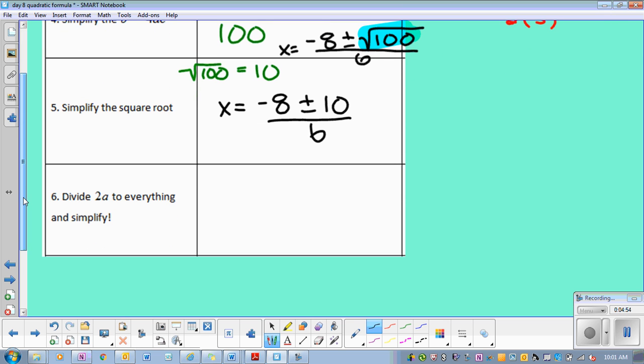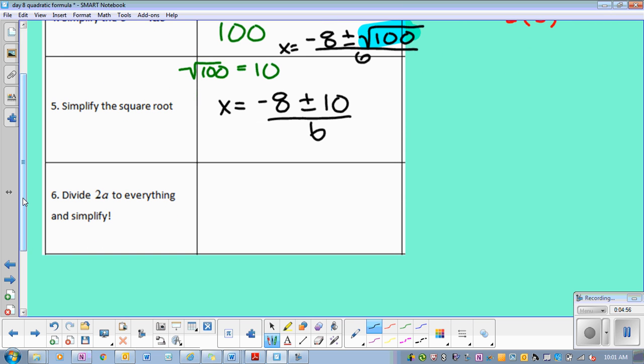Right? All right, so now step 6 says divide 2a to everything and simplify. The reason why I underline everything is you actually want to take this and just break it up. -8 plus or minus 10 all over 6 means that every single term has to be divided by 6.